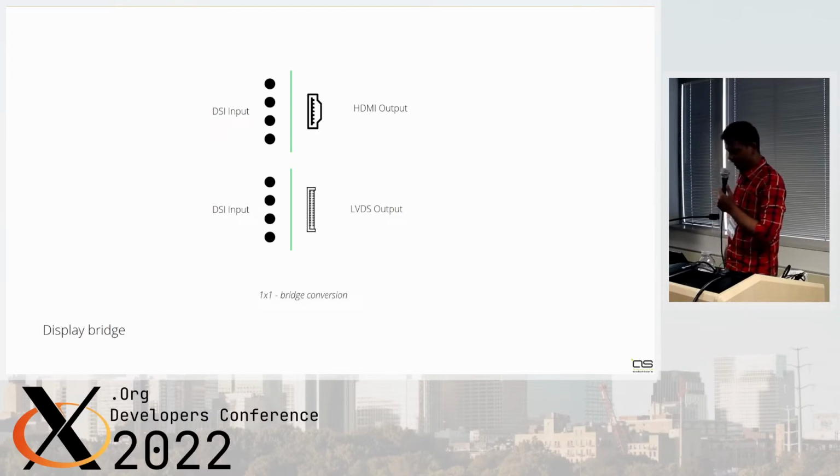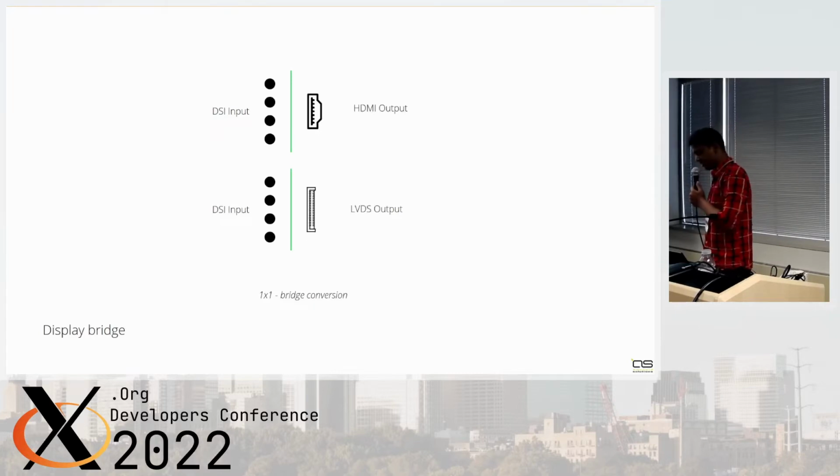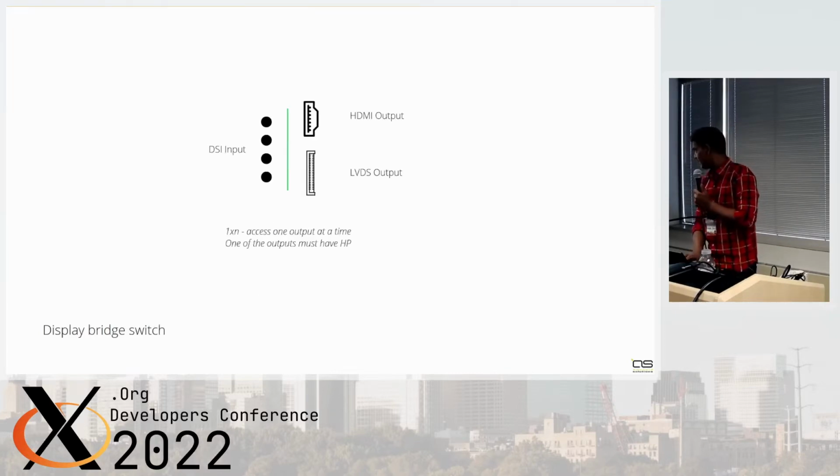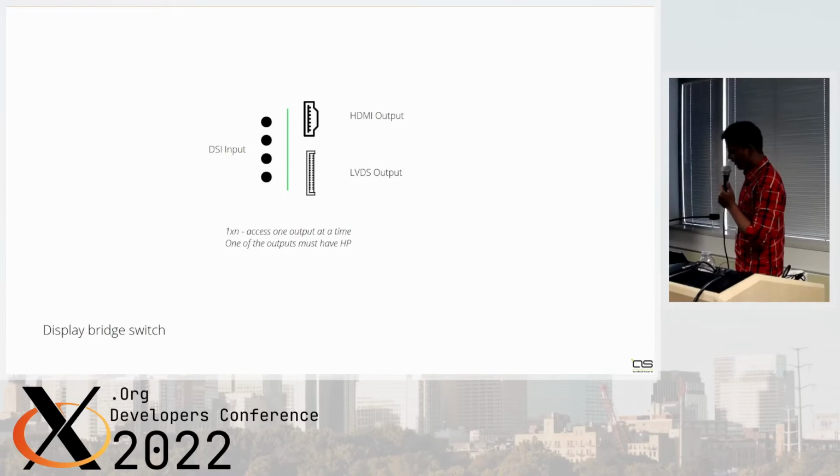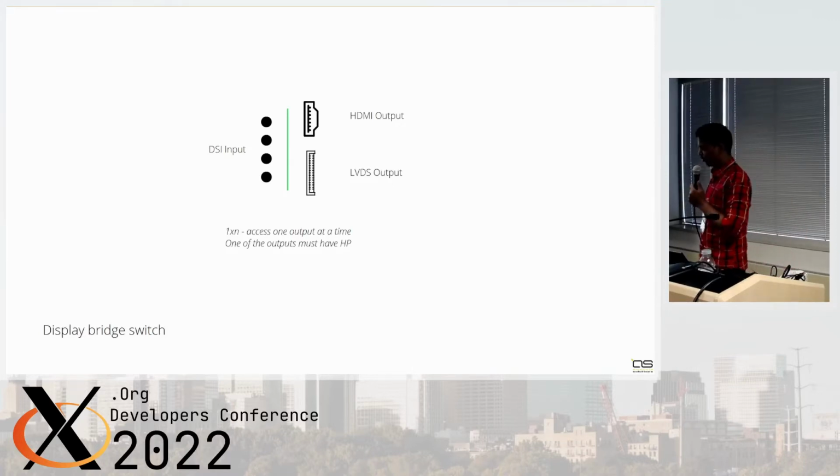If you have a single input that can be converted to another output, that is quite easy. But there is a complexity coming into the picture where one input can be converted into two outputs. But the ideal case would be that you can access only one output at a time. This is quite a complex bridge.